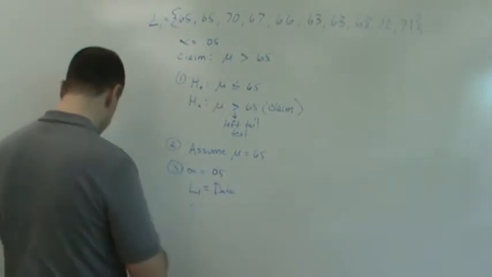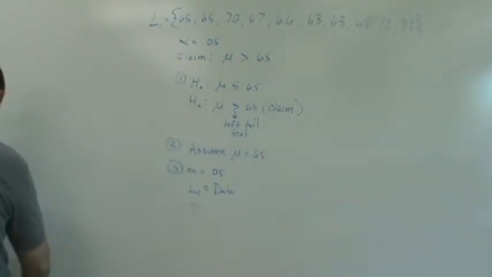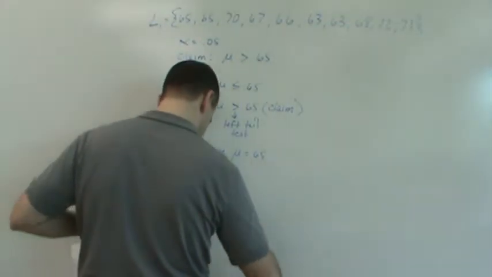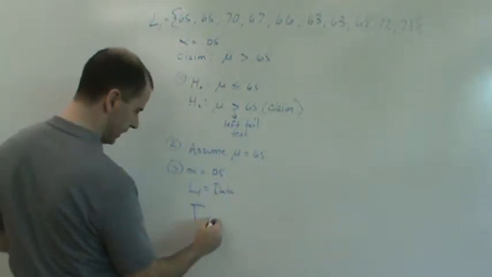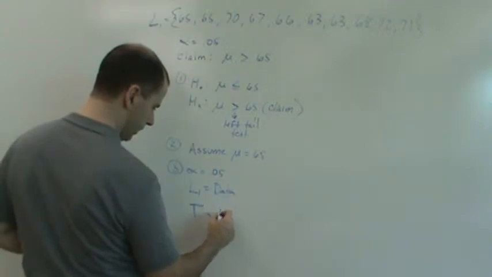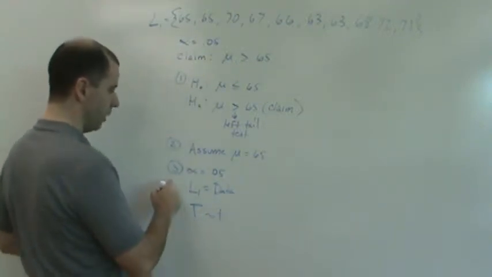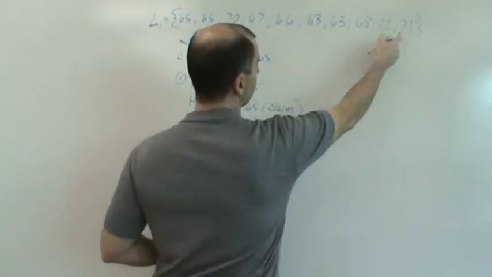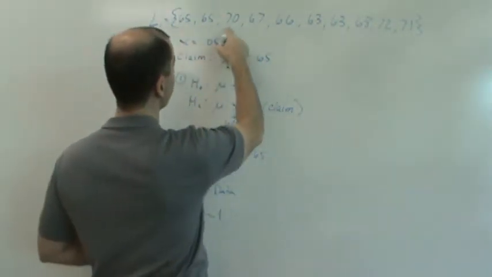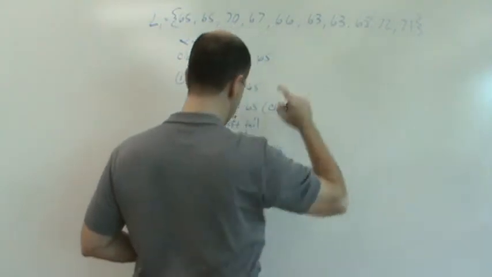So we know t is going to have how many degrees of freedom? Well, what's n? 11, right? No, 10.